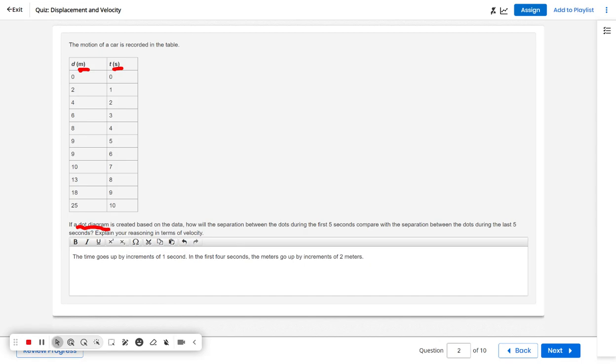Notice how I keep up with my units. You want to be as detailed as possible. So from the 4th to 5th second, the distance went up by 1 meter.